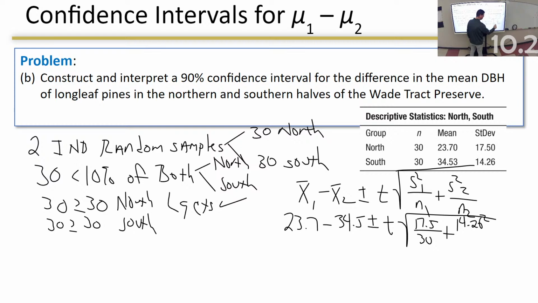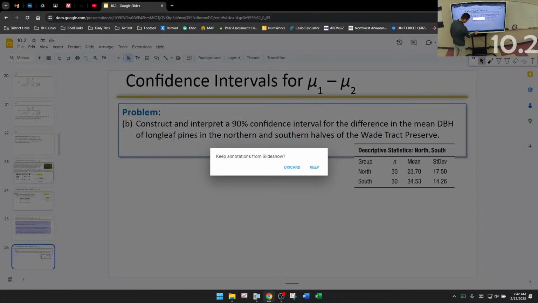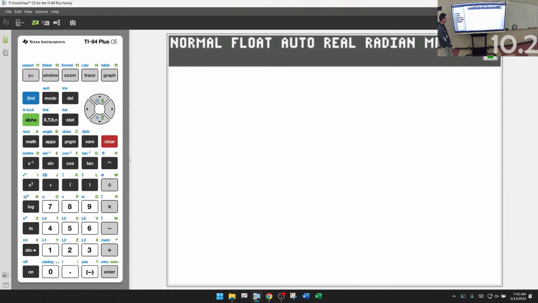Oh, those are squared. Over 30. Beautiful. Boom. Exit. Let my calculator do all the work. I don't want to do any of that.